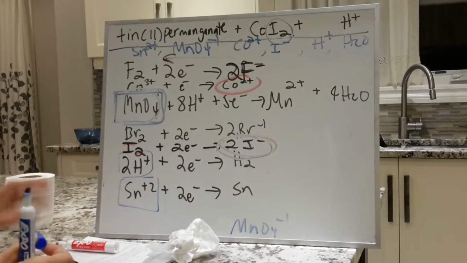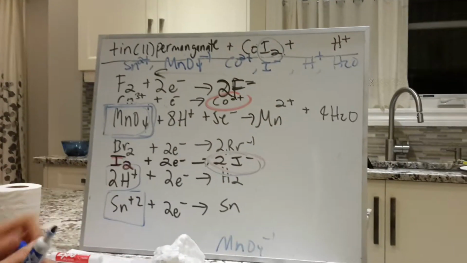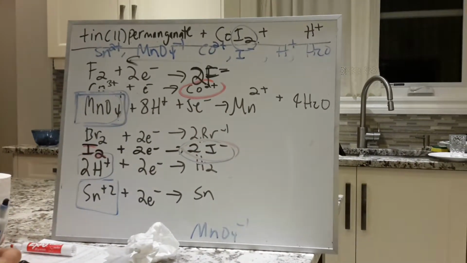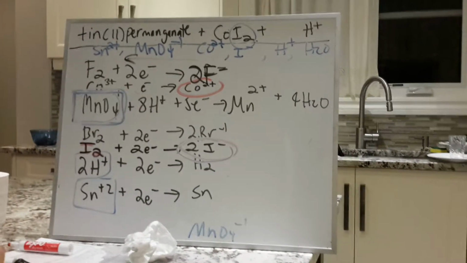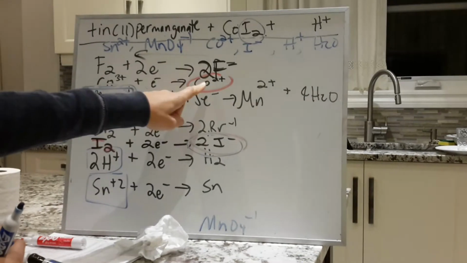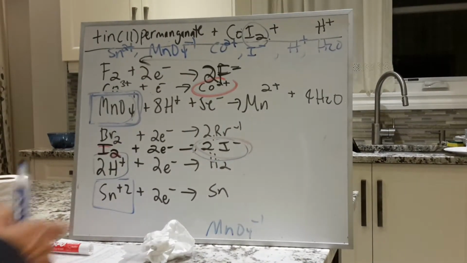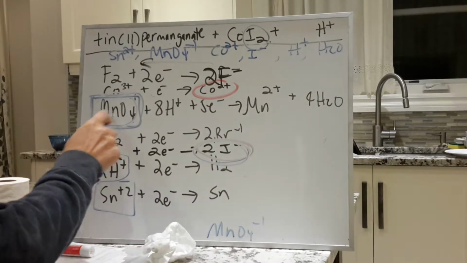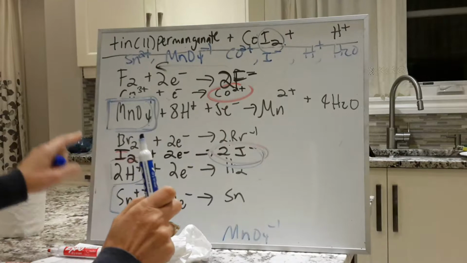So to find the strongest reducing agent, you look to this side of the table. And the strongest reducing agent is the one closest to the bottom. That's the most likely one to experience oxidation. So cobalt 2 is above iodide, so the strongest one is closer to the bottom, so the reaction will occur between MnO4-1 and iodide.